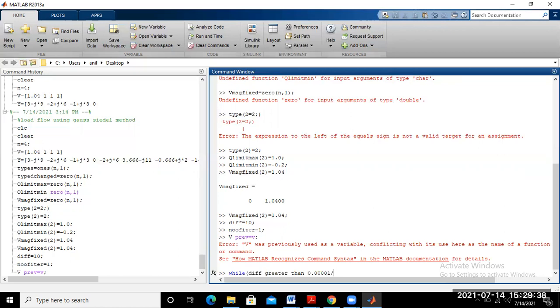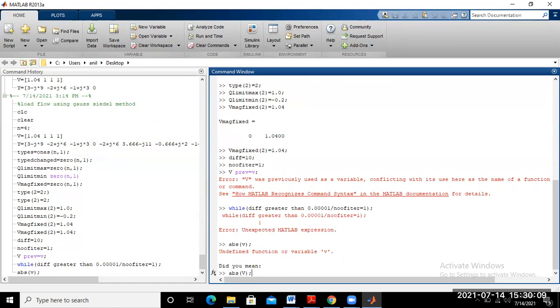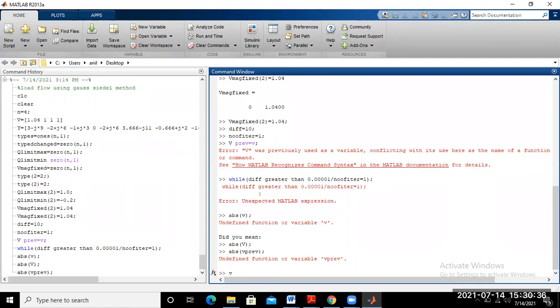Plus equal to 1. So absolute V equal to the absolute voltage of PVS, equal to V.